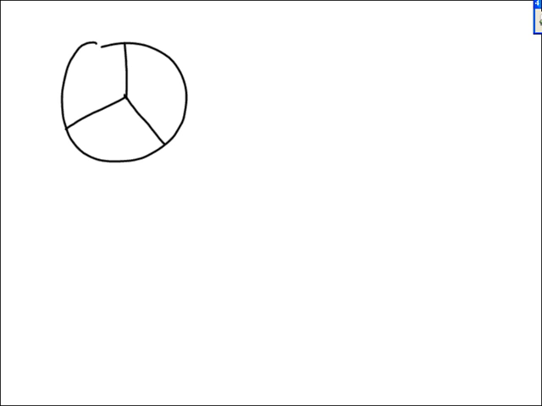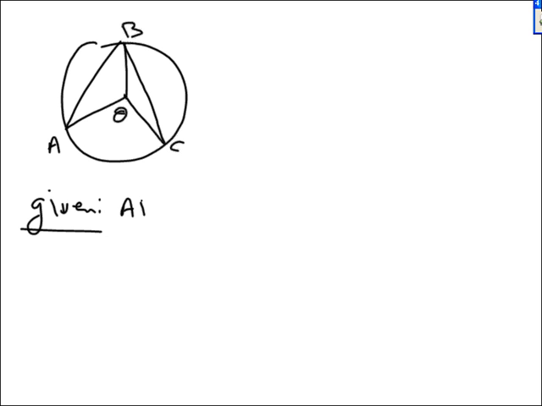It's centered at O. And you have A, B, and C. Let's see what we're going to use as the given. How about we're given that AB is congruent to CB?